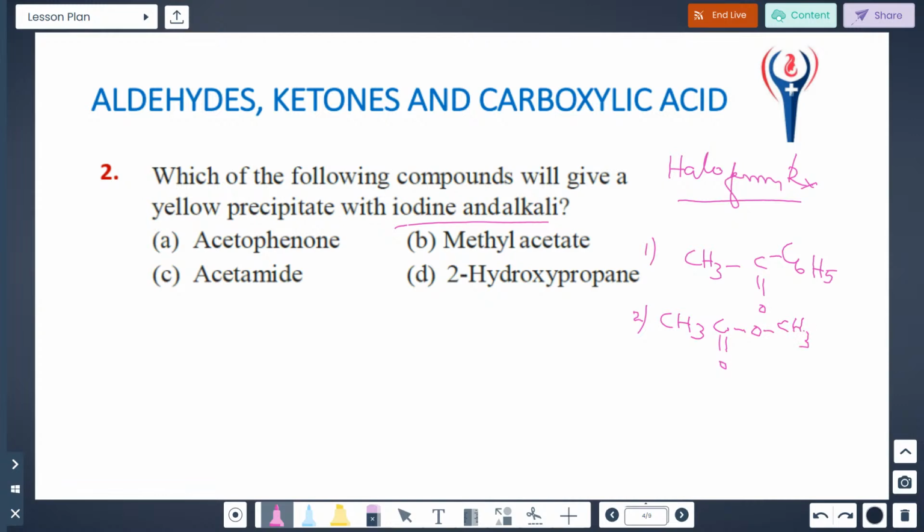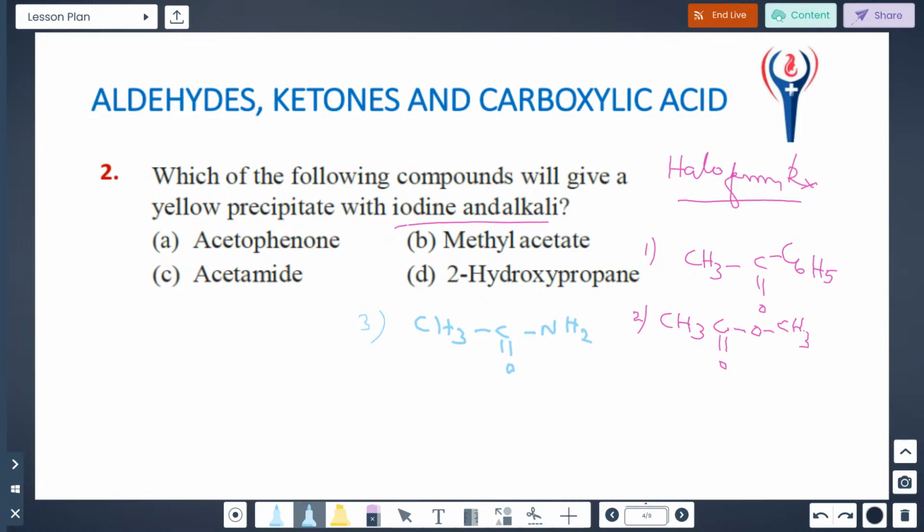What's the third one? Okay, third one is acetamide. Acetamide means CH3 C double bond O. Amide, no. You put what? NH2. Understood? Put NH2.